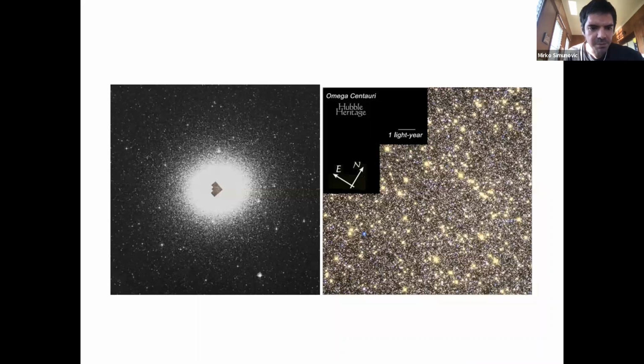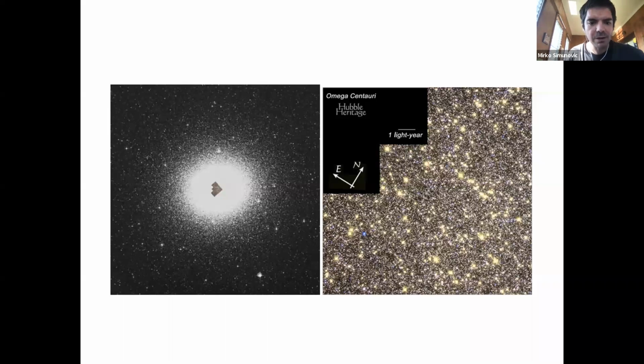And just to give you an example, on the left, you have an image of an entire globular cluster. And you see that there is an image overlaid right at the center of the cluster, and that's actually an image taken with Hubble. So that's just so you can see the different sizes of each telescope, to put it in some way.